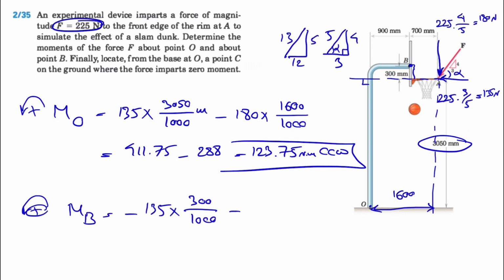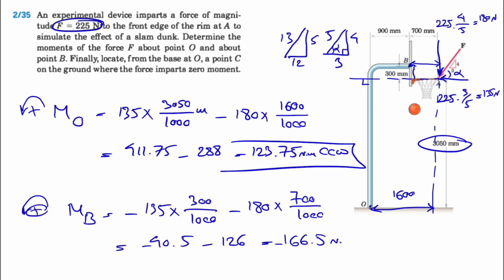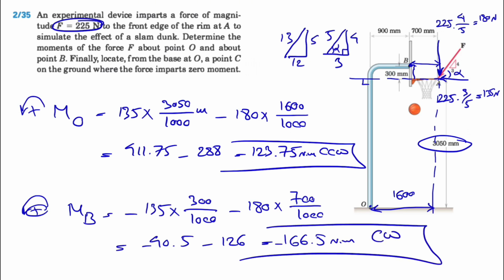The moment of the Y component, the 180, is again clockwise, so we have a negative sign, and the distance this time is 700 divided by 1000. So we get minus 40.5 minus 126, which gives us negative 166.5 newton meter. The negative sign shows that the moment is clockwise.